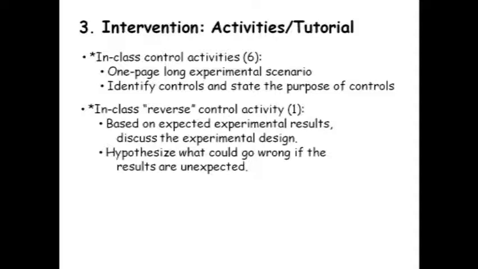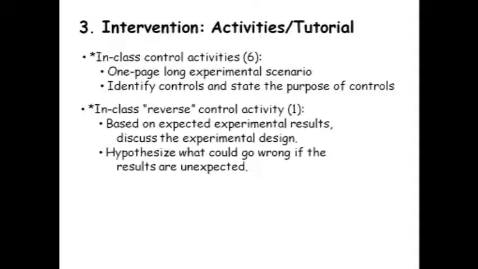Basically, it's on your 2nd page, flip over. Instead of giving them the experiments and asking them to identify the controls, we simply tell them this is the experiment result we find. And in order to get these results, how do you design this experiment, including the controls? So it's kind of the reverse way. And this is also interesting.